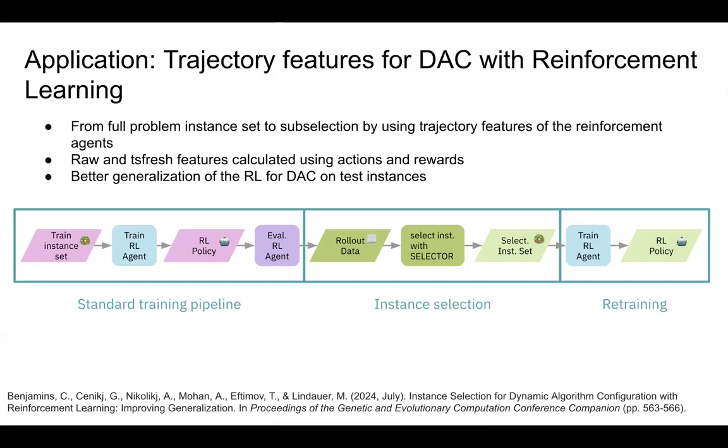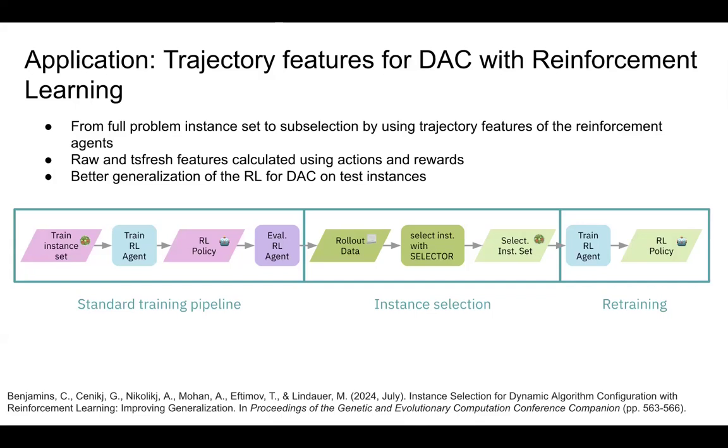There is another application of the trajectory features where they were applied to reinforcement learning agents. So what was the idea? We have some budget, we train reinforcement learning agents to find dynamic algorithm configuration for modular CMA. And then once we have these agents, we make time series features based on the action and reward, and the internal parameters.